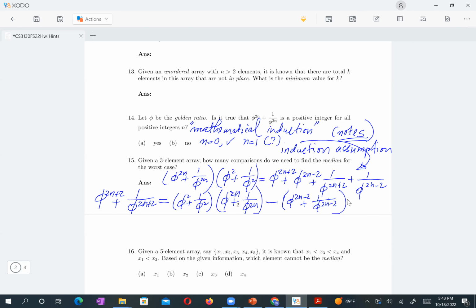This identity comes from the above identity. I just move terms from left to right, right to left.